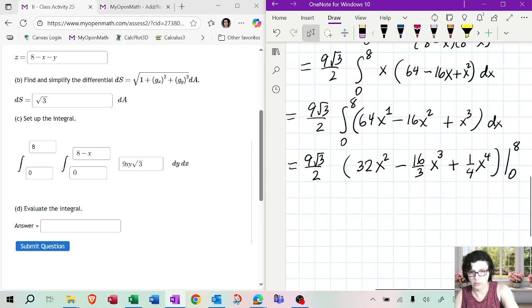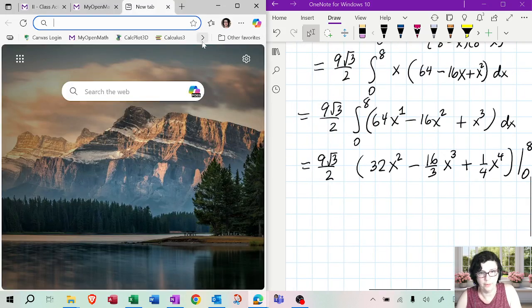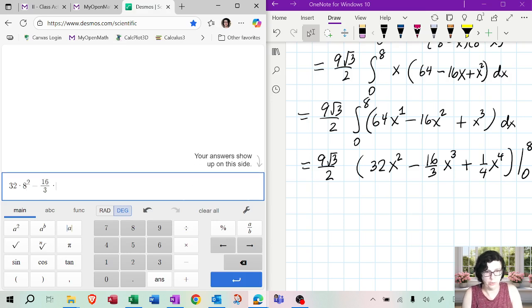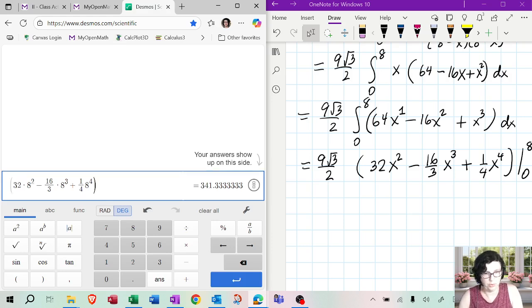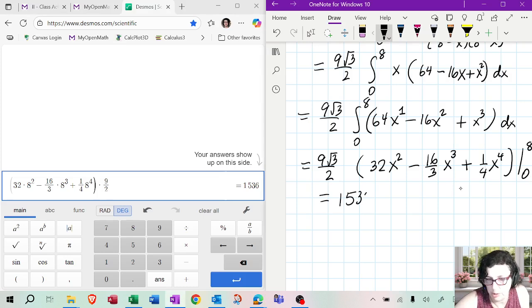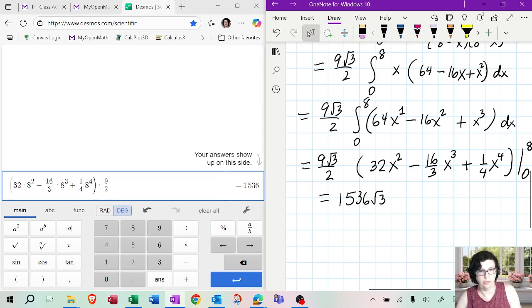Okay, so let's get to this point and let's plug it in. So we've got 32 times 8 squared minus 16/3 times 8 cubed plus 1/4 times 8 to the power 4. Okay, whatever that is, we're also going to multiply that number. So let's just open this, times 9/2. Oh, it's 1536. Okay, great. So then we have 1536 square root of 3. Let's see if we can put that in.